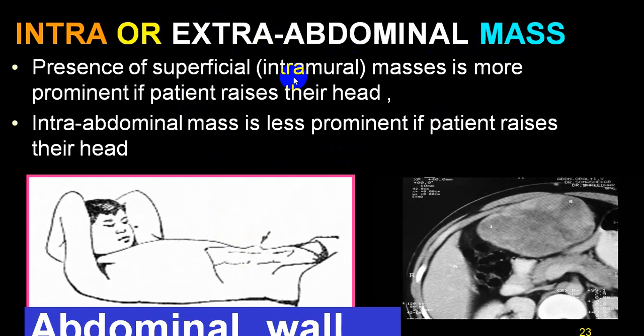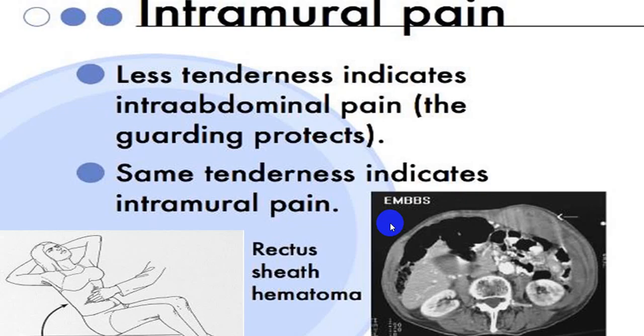Sometimes they also use the word intramural mass. But if it is inside the abdomen, below the anterior abdominal wall, the mass will become less prominent when the patient raises the head. This is a very, very important thing. It is very easy to differentiate between an abdominal wall mass and an intra-abdominal mass.